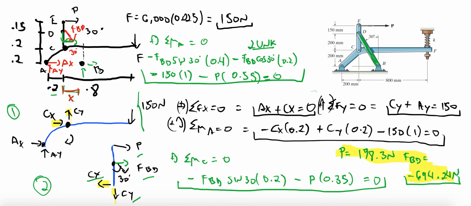When you break it apart into separate links, you get three other equations, the same ones: sum of the forces in the x, in the y, and sum of the moments about a point, right? So be smart about which ones you're using, because you don't necessarily have to write all of them. And if you do happen to solve for more unknowns than you needed to, that's not a problem. At some point you get enough practice to where you can just focus on what you need.